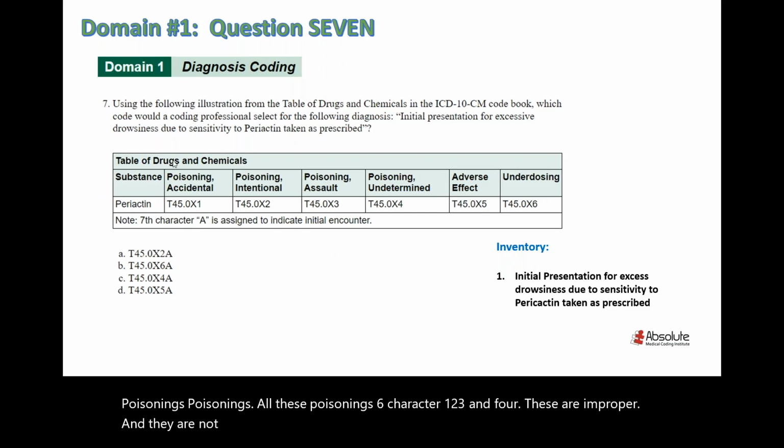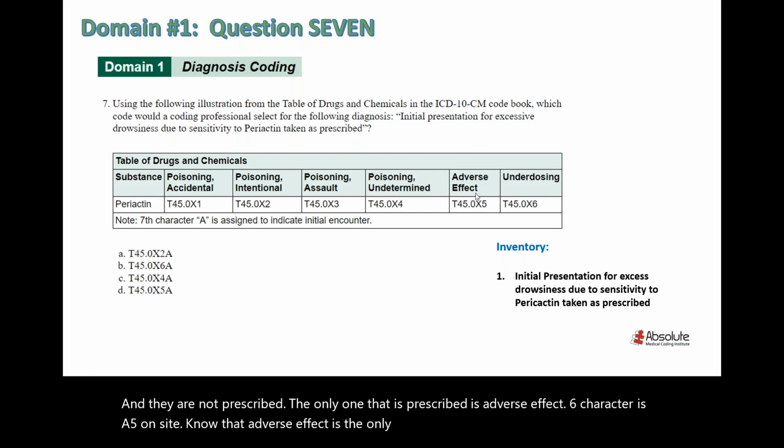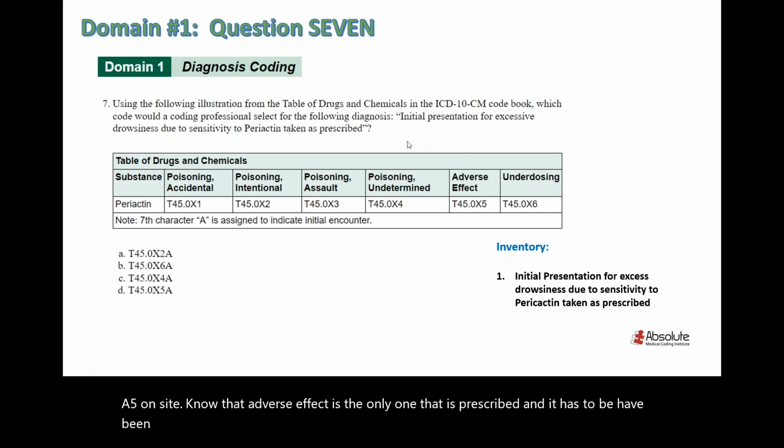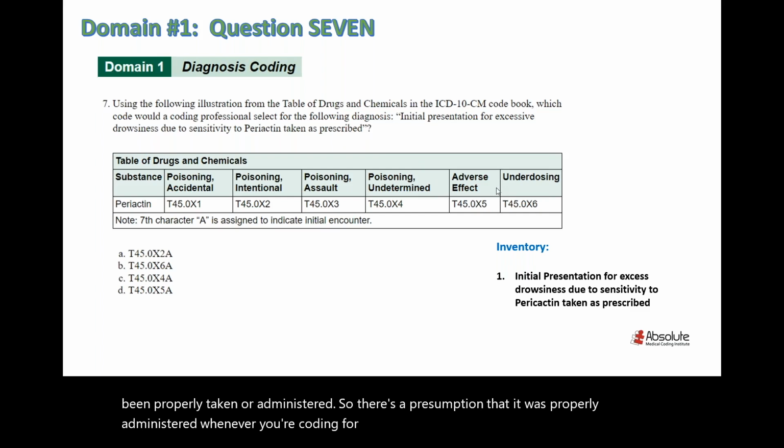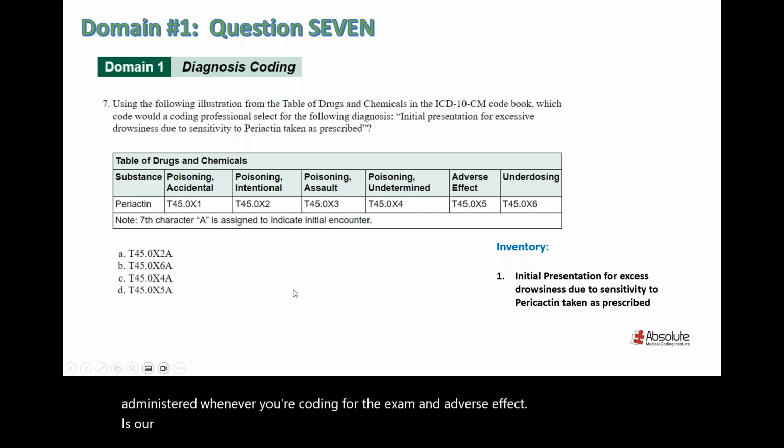The only one that is prescribed is adverse effect. 6th character is a 5. On site, know that adverse effect is the only one that is prescribed, and it has to have been properly taken or administered. So there's a presumption that it was properly administered whenever you're coding for the exam, and adverse effect is our answer. So the answer is D.